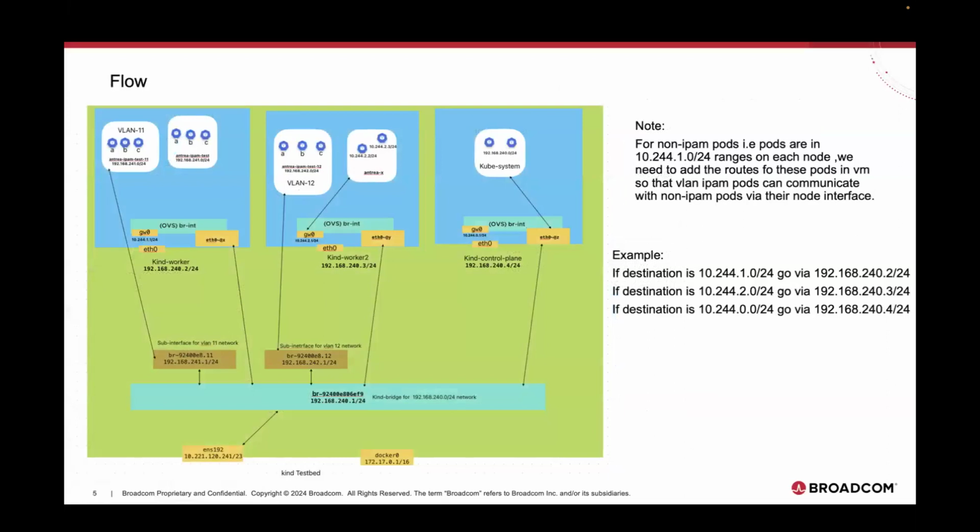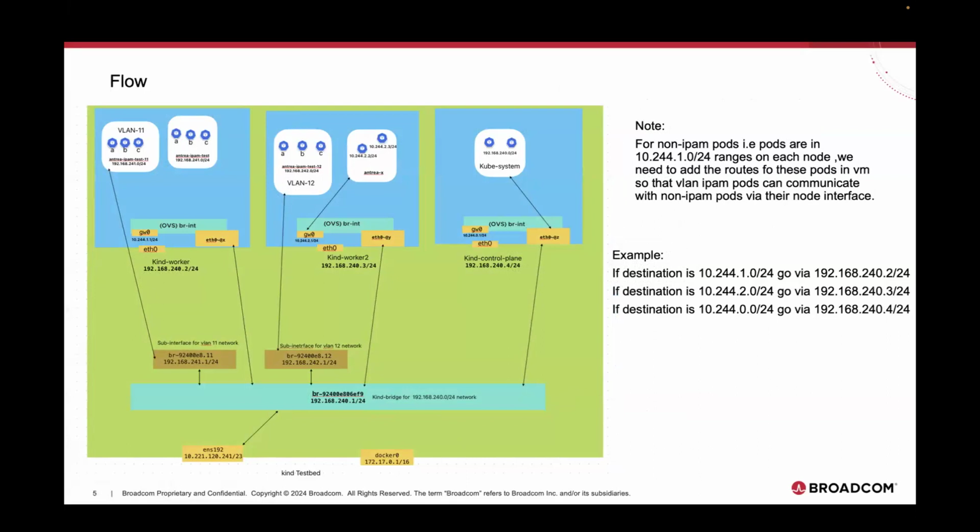Here I have made a simple diagram to understand the VLAN interface connection. This is the bridge, which we call the Linux bridge or kind bridge. It is created by the container runtime like Docker.